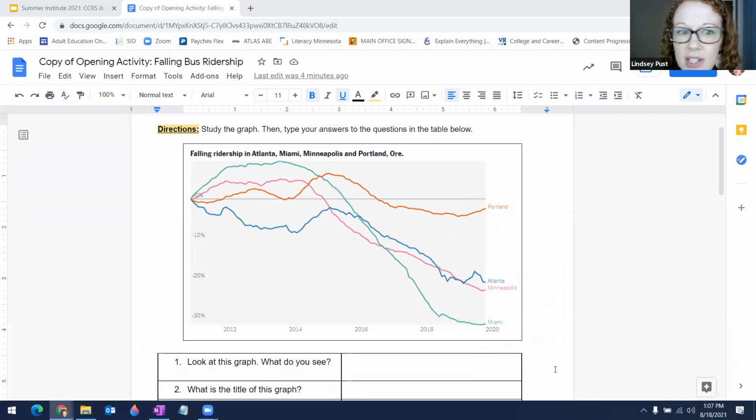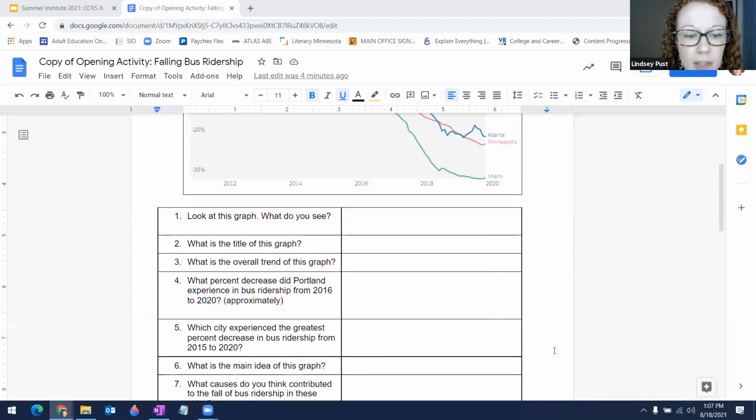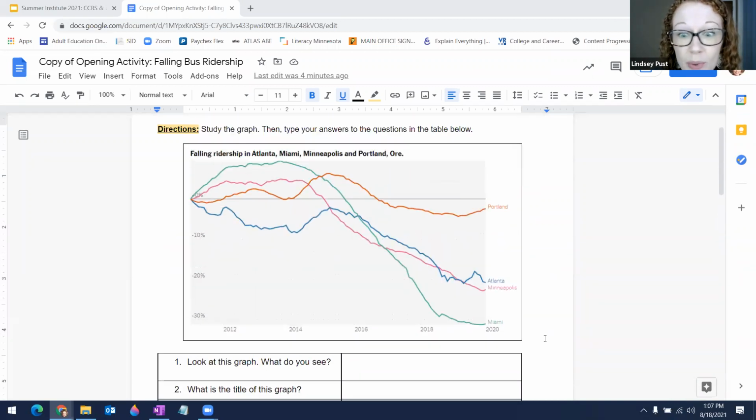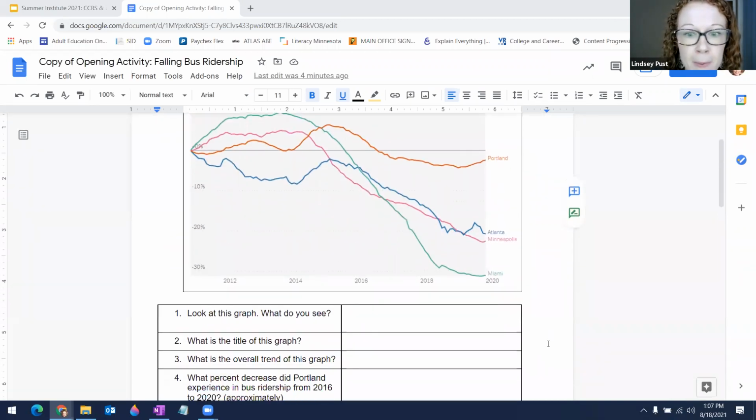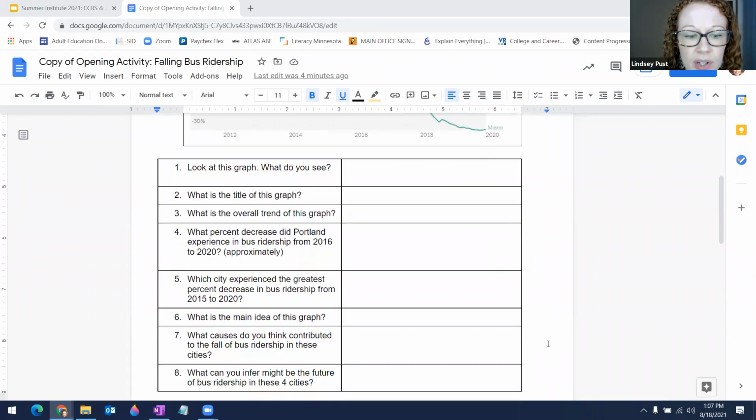Yes, we often direct students, what's the title, which is important, right? Look at this graph. What do you see? The overall trend. Asking some specific questions about percent decrease. Which city experienced the greatest percent decrease? So some questions to comprehend and pay attention to what's happening in the graph.